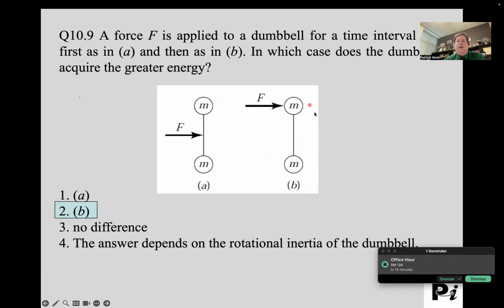So in case B, the dumbbell has both a translational kinetic energy, the same as in case A, and it has a rotational kinetic energy. So in case B, the dumbbell has greater energy. And that's an important point to try to remember. Forces don't get used up. If a force can cause a torque, it does. There you go.